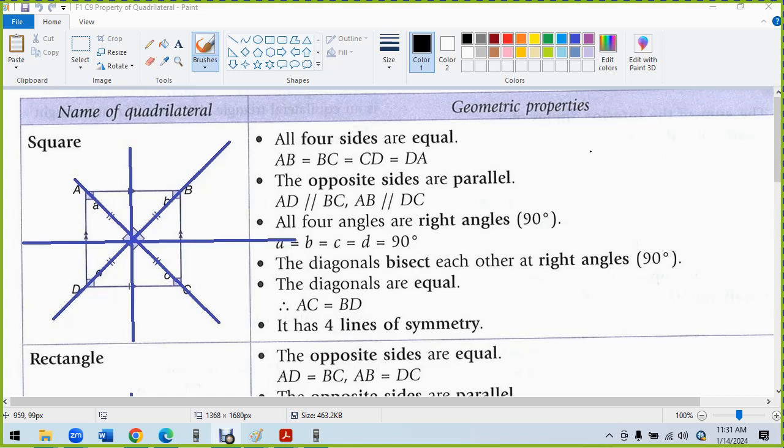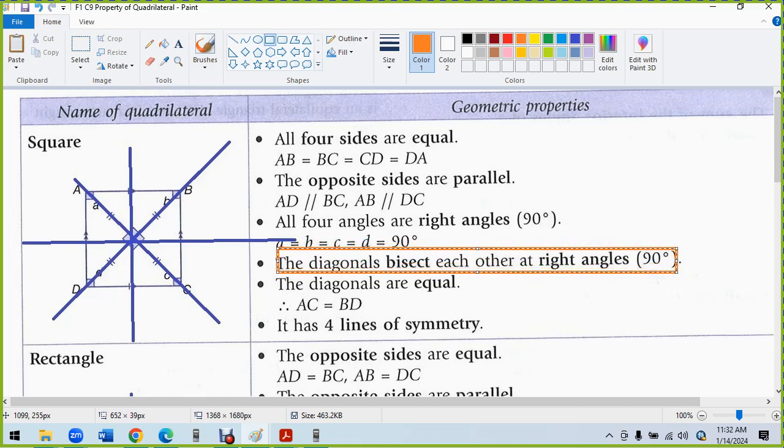So to solve this kind of problem, we must recall the geometric property for the quadrilateral. So we have the square. So for square, the diagonal bisect each other at 90 degree.